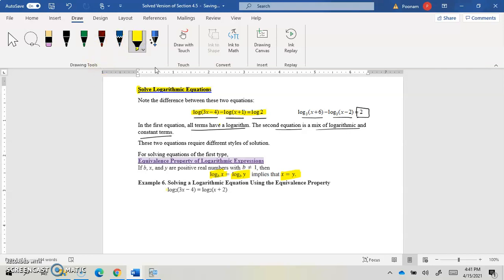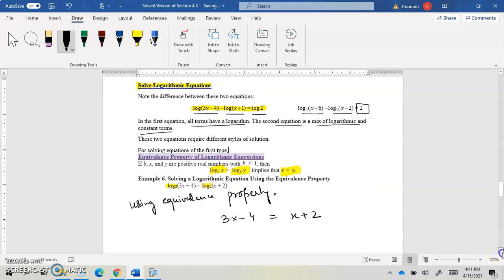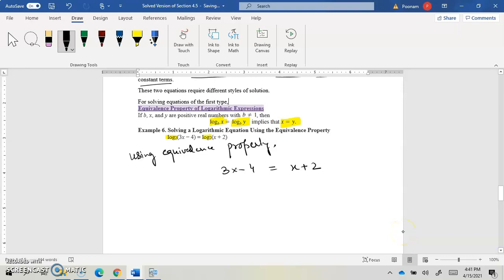Now if you notice, on both sides we have log terms, and the base is the same. The equivalence property applies only if the base is the same. That means the arguments, using the equivalence property, we have 3x minus 4 is equal to x plus 2. Now we have gotten rid of the log. We can solve this by isolating x.